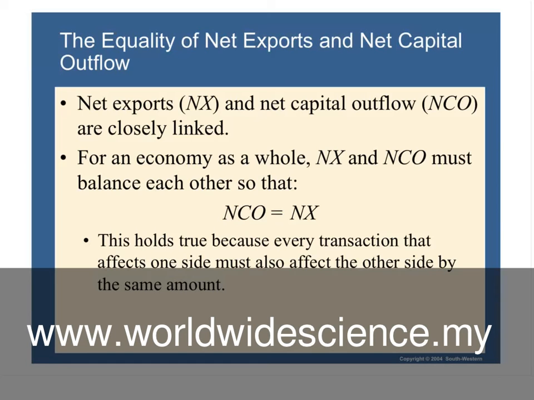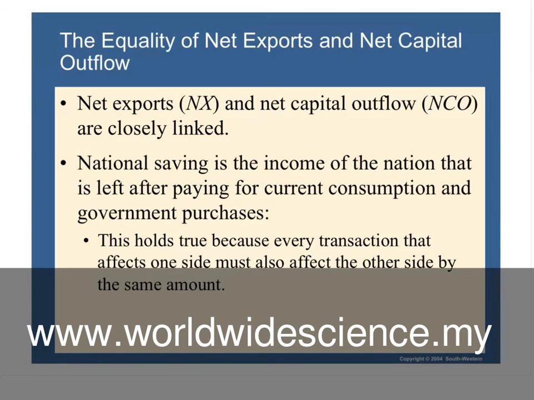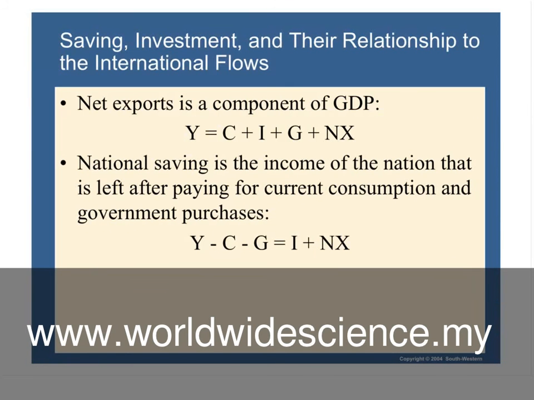So net exports is a component of GDP, as you remember. We said the GDP was consumption plus investment plus government spending plus net exports. National savings is the income of the nation that is left after paying for current consumption and government purchases.